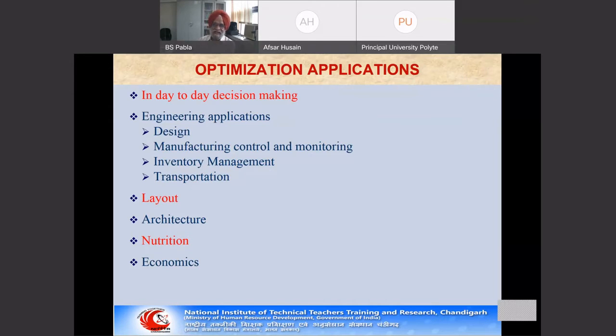Plant layout is another thing where if it is optimized, you keep saving throughout the life till you change the layout. Architecture people, they do optimize the buildings, they optimize the space. Nutrition is another area where you will find examples of optimization.